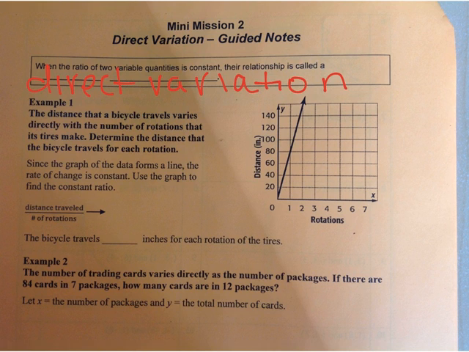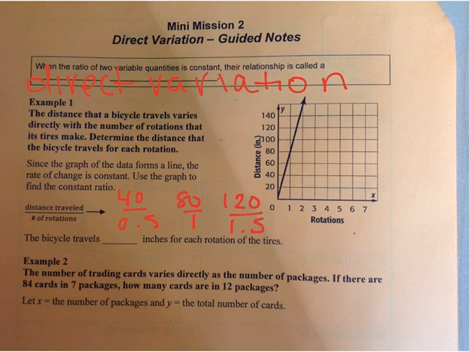So looking at the graph, I can see that after 40 inches, the bike has gone about a half of a rotation. After 80 inches, the bike's gone one full rotation. And after 120 inches, the bike has gone about 1.5 rotations of the tires.